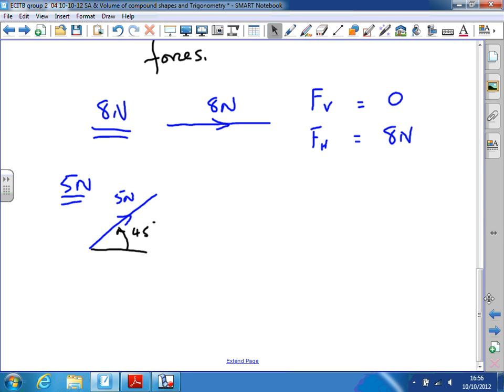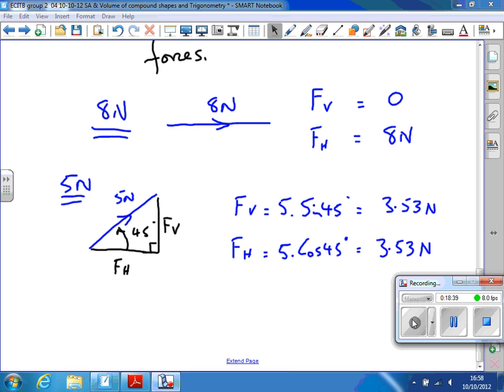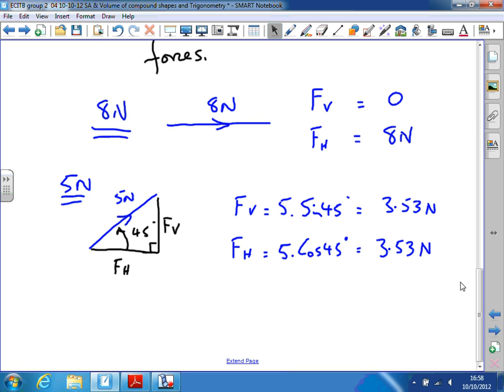And so we can form a little triangle like we've done before and find the vertical and the horizontal components of that force. So just find those for me, please. We see when we find that out that the vertical and horizontal components are the same. They're both 3.53 newtons.